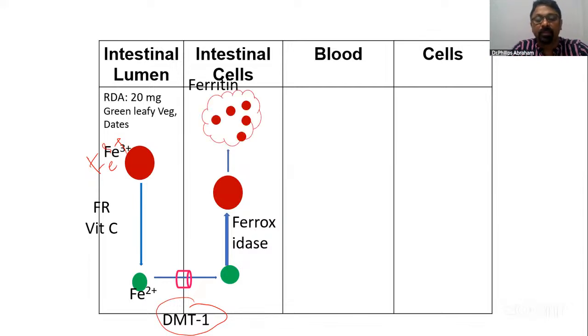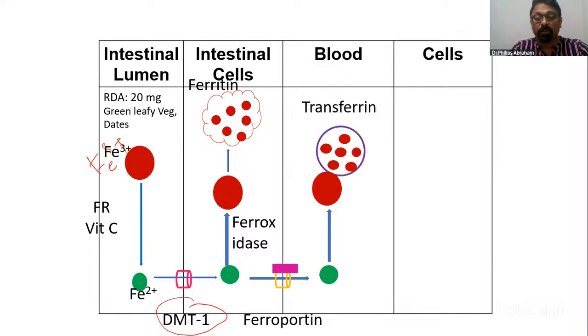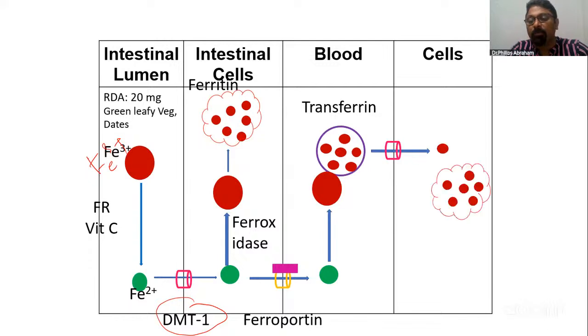Whenever needed, with the help of peroxidase and another transporter called ferroportin, it is transported to the blood. Then as ferric ions, it is transported as transferrin.